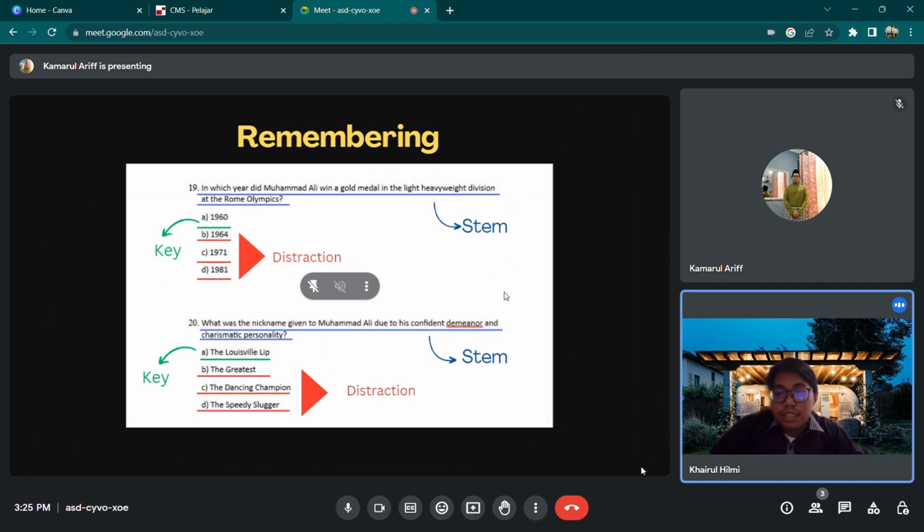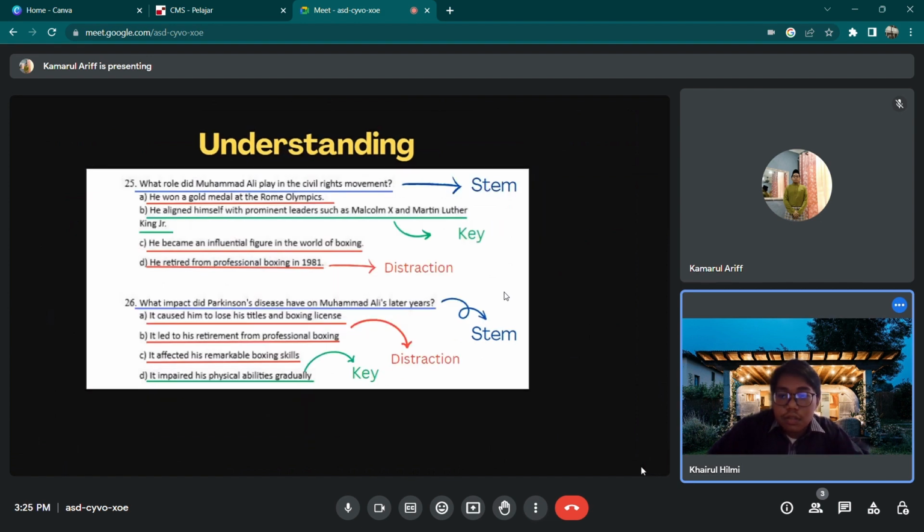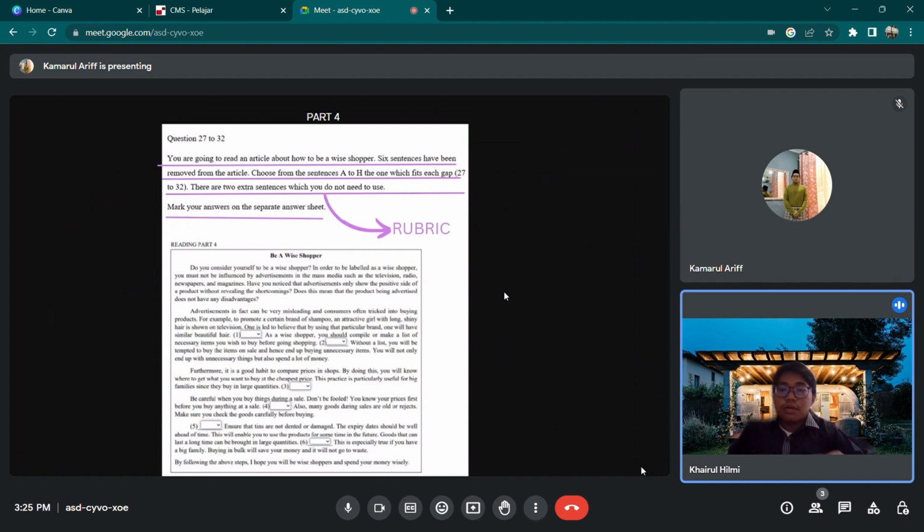The red one is the distraction, while the green one is the key. Next. Questions 25 and 26 are at the understanding level. Again, the blue one is the STEM, and the green one is the key, while the red one is the distraction. With this, I pass on to my next members.